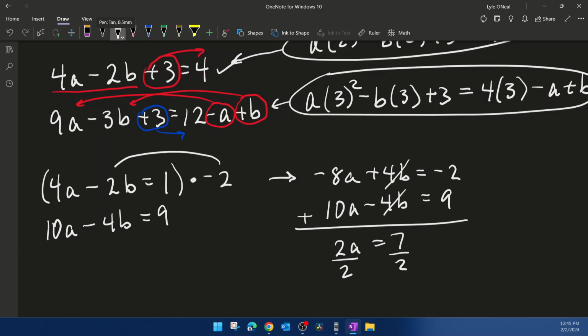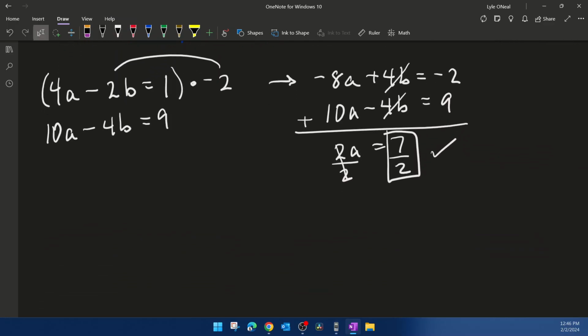And we can see that we're going to get an improper fraction for a. And that's okay. It doesn't have to be an integer. But now that is the answer for a. I also need b. And so we can take this back and plug this into either the first or the second equation for a and solve for b.